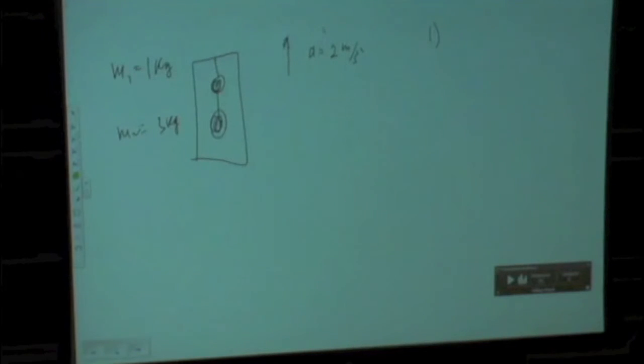First what we can do is to treat it as one system composed of 2 objects with a total mass of 4 kilograms. So for this system, there is tension number 1 and force of gravity acting on the whole system. That's it.